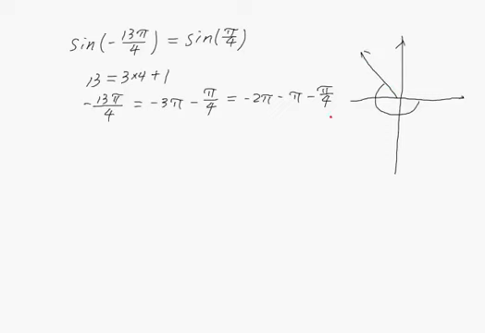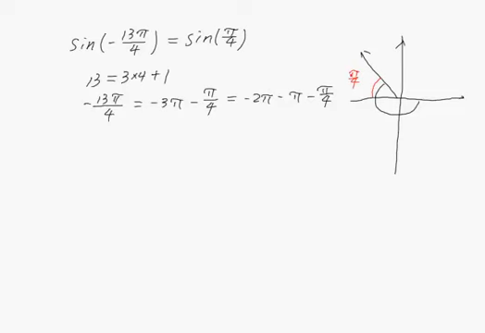So the reference angle for this negative 13 pi over 4 is pi over 4. So this guy, that is the pi over 4. Then we know sine of negative 13 pi over 4 should be equal to sine of the reference angle pi over 4 up to a sign, S-I-G-N, right?